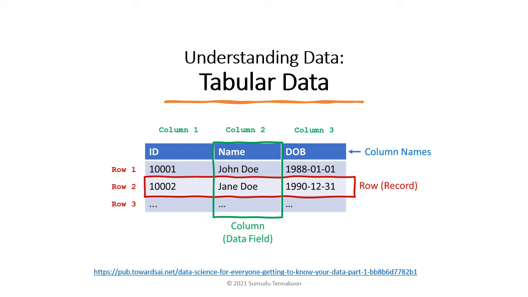And for a single person, we have the ID, name, and date of birth in three cells in that row. So a column in your data set, or tabular data or table, represents a field. So we call it a data field. These two terms, data field and record, you will hear again. If you are referring to tabular data, you can think of a row as a record and a column as a data field.